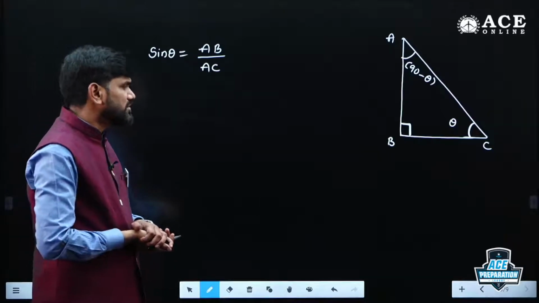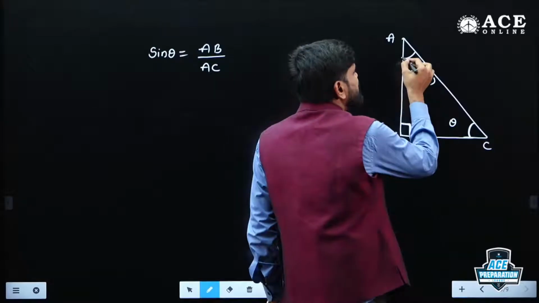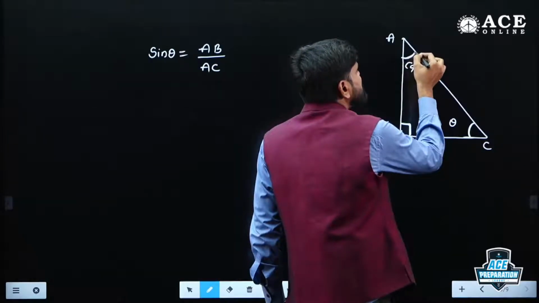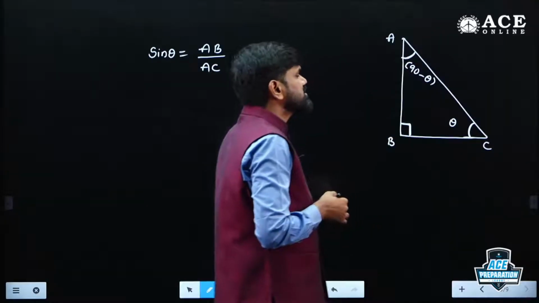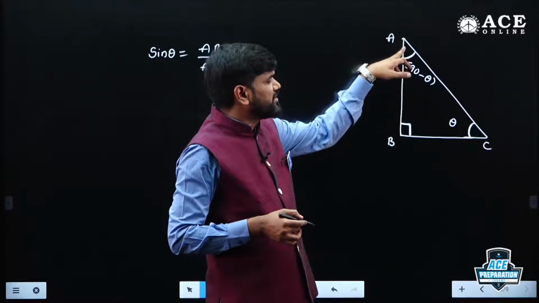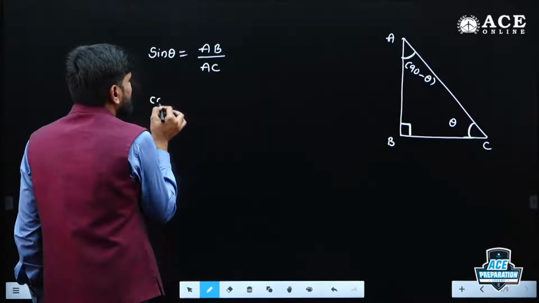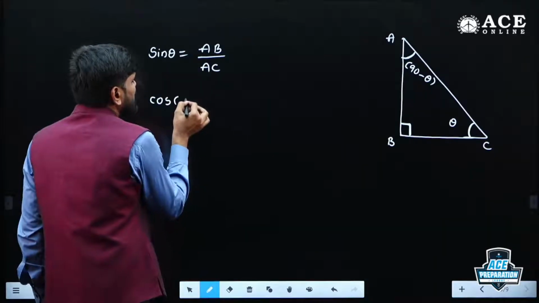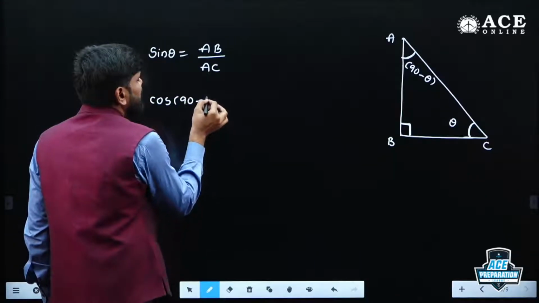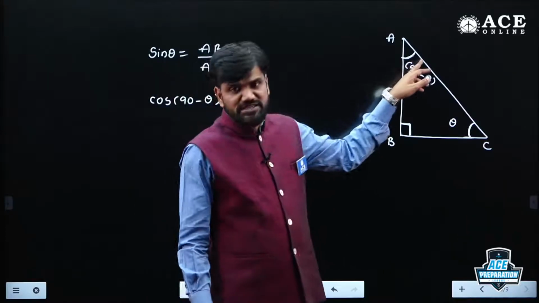Now if you observe, here 90 minus theta, that will be what? So I can simply say it as cos 90 minus theta. If I take cos of the angle 90 minus theta, so this angle is 90 minus theta.